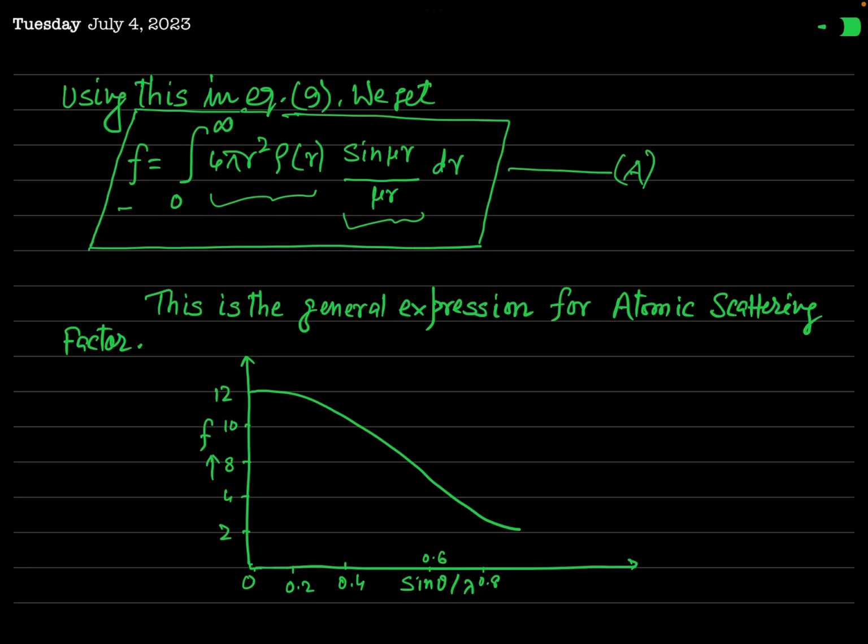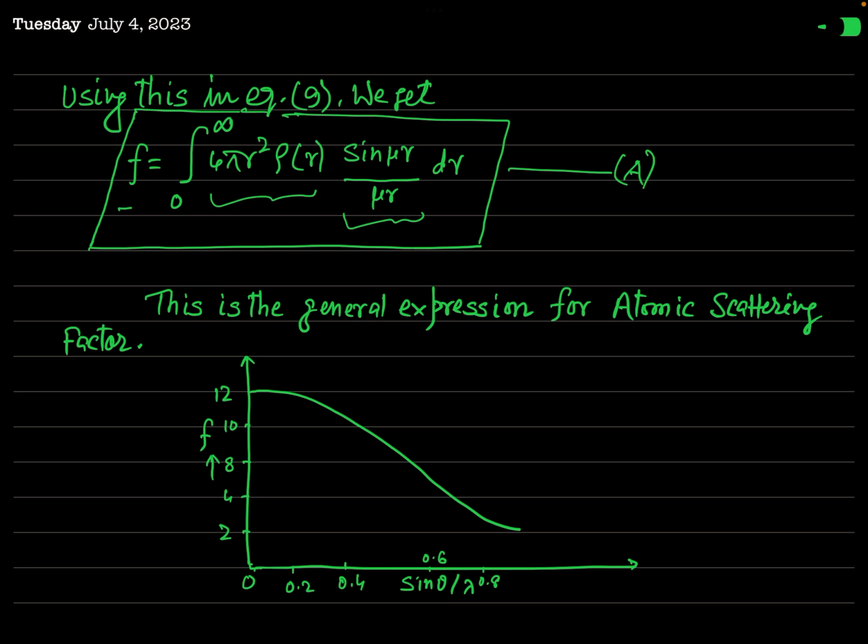The evaluation of this integral depends on the nature of the atom, on the nature of the charge distribution, and that calculation is made by various approximate methods like the Hartree method and Thomson's method. There are so many methods utilized to obtain this result.